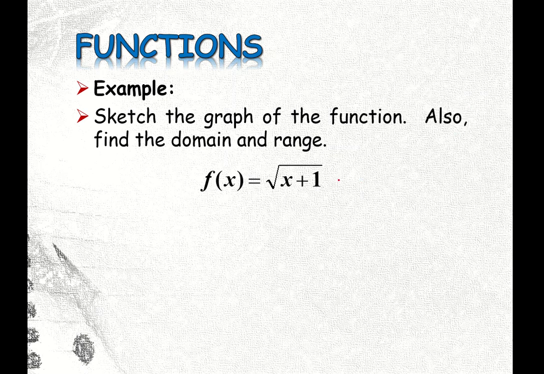What is that p sub x? That is the radicand. In this example, our p sub x is equal to x plus 1. So the condition is that it must be greater than or equal to 0.